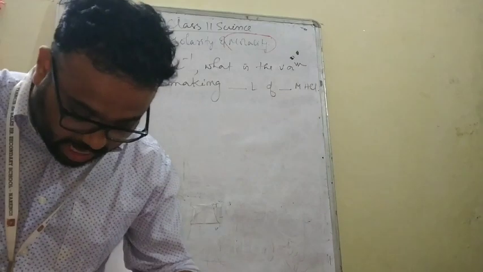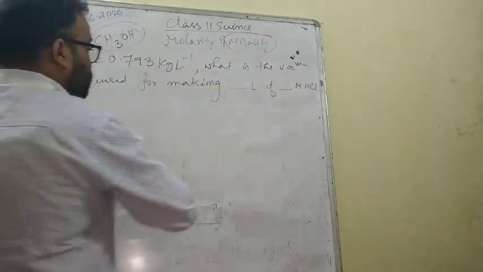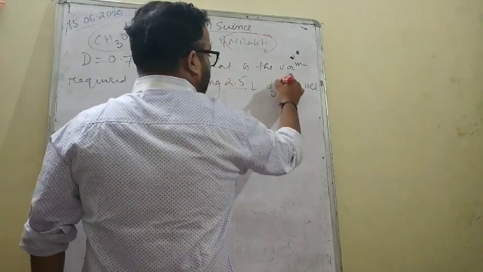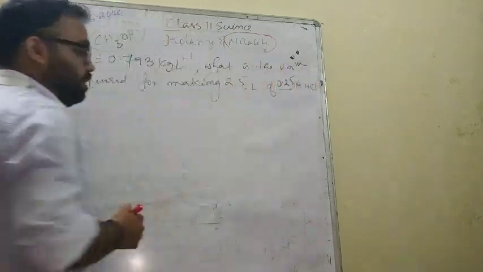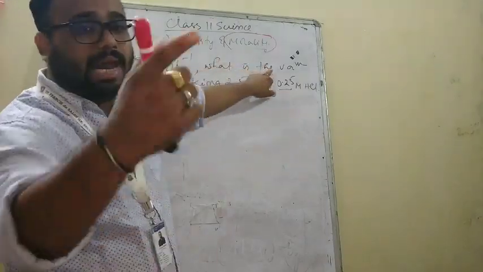If the density of methanol is this, what is the volume needed for making 2.5 liter of 0.25 molar HCl? This means density is given, and you have to find the volume.